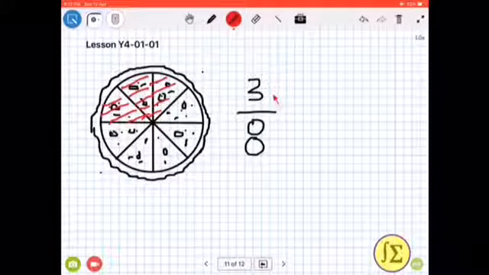The number at the bottom, the denominator, gives more information on the whole. It tells you the whole is divided into how many pieces, or out of a total, how many units there are in the total.